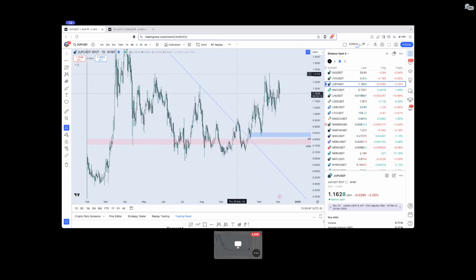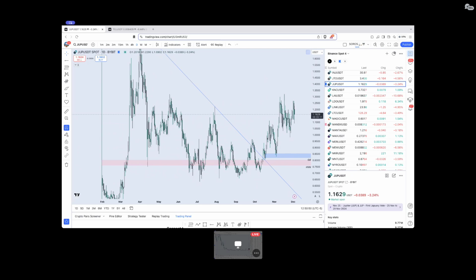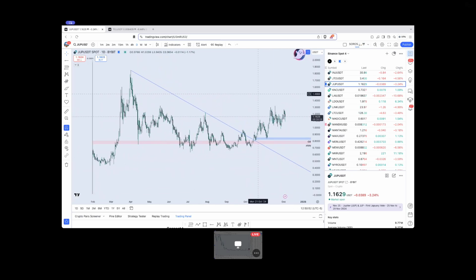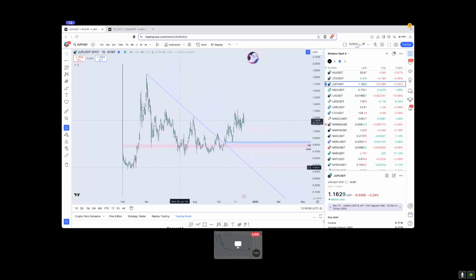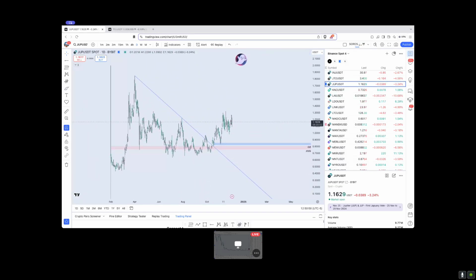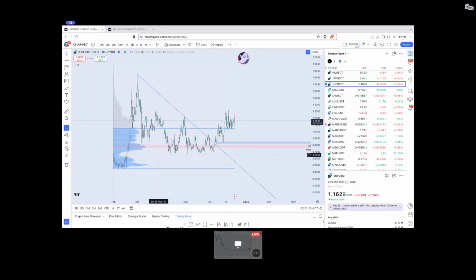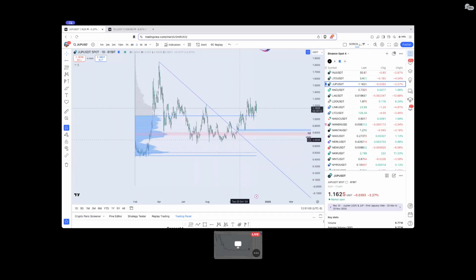Jup looks really, really good. I don't see an MMXM on this one, but they defended the highest volume node on the chart, which is good. So right here, it expanded just because when I was mapping the high volume node, price was still here.